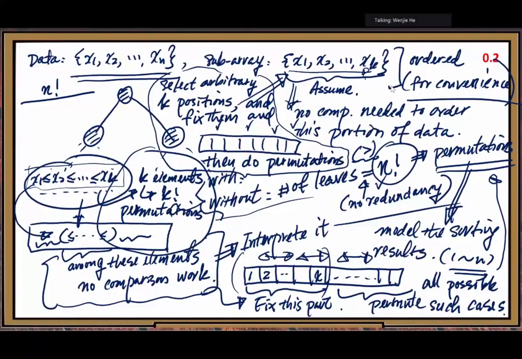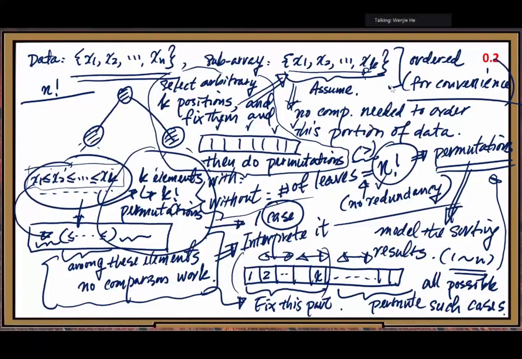That means all these k factorial permutations are treated as one case. Only one order is allowed for these k elements.